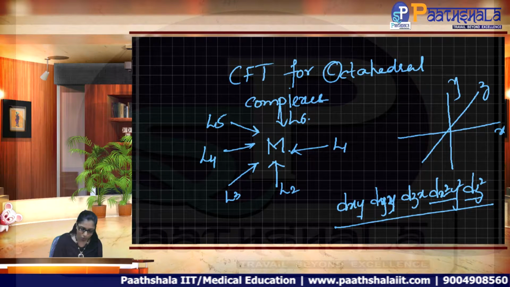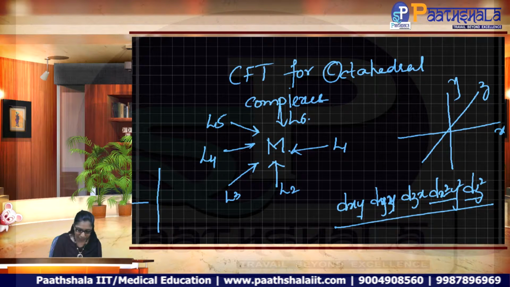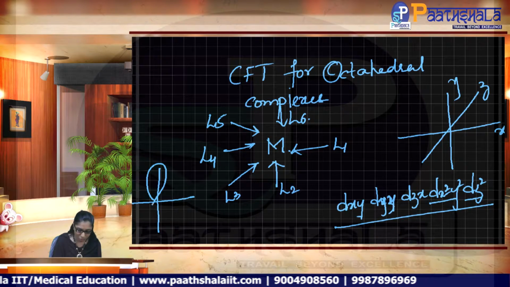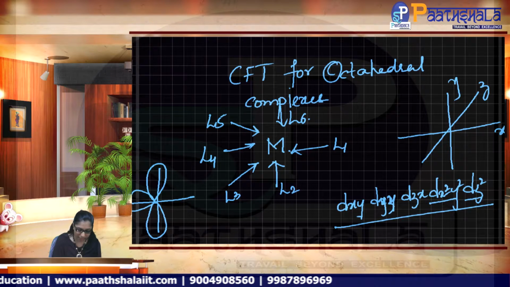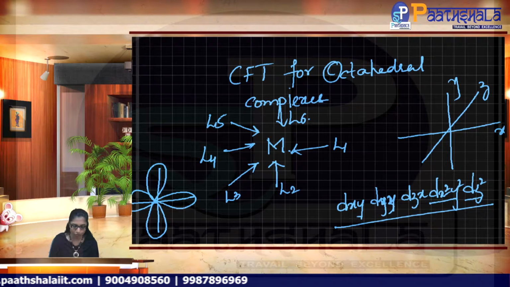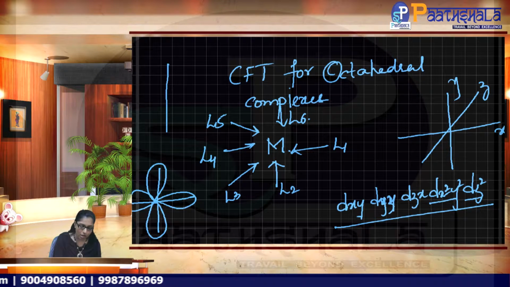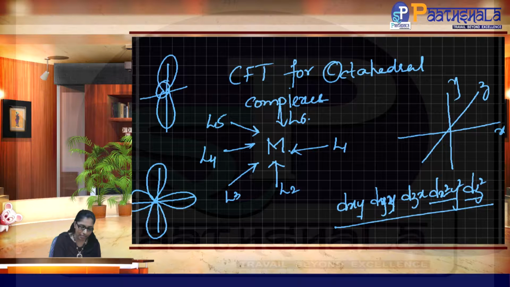Now let us have a look at how these orbitals look. This is how dx square minus y square looks. Now dz square looks like this. So basically here this is the x-axis and this is the y-axis, and here this is the z-axis.